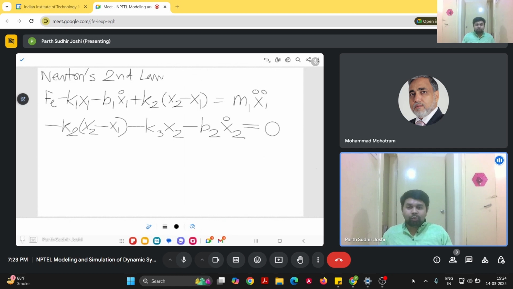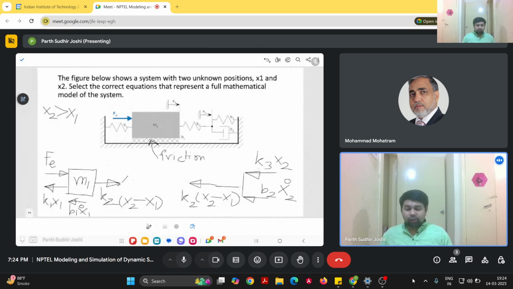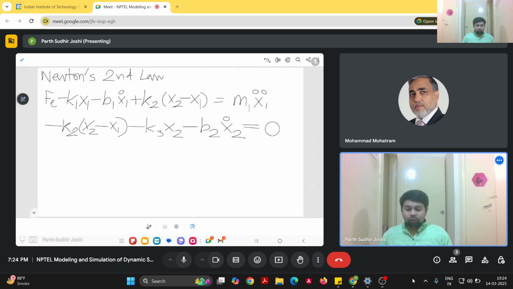But this week we'll not be discussing how to solve them; we'll look at that aspect later. Right now we are just looking at how to use the basic fundamental laws of physics to derive the differential equations for any particular system. So this was the procedure for this kind of mechanical system.